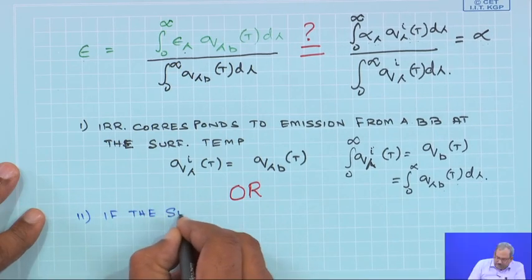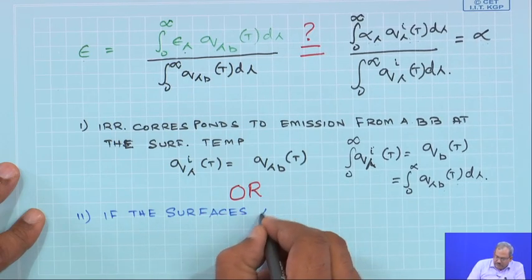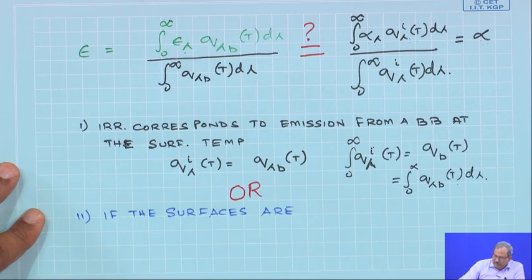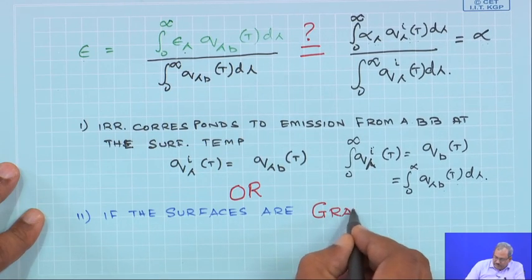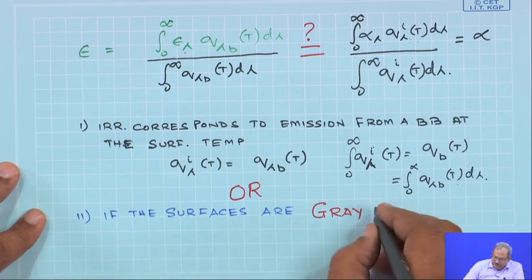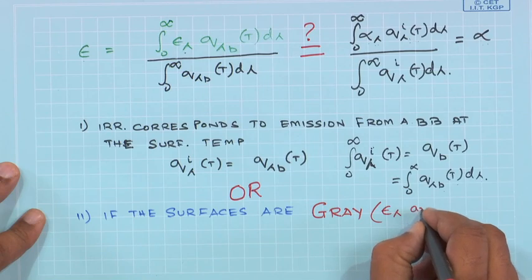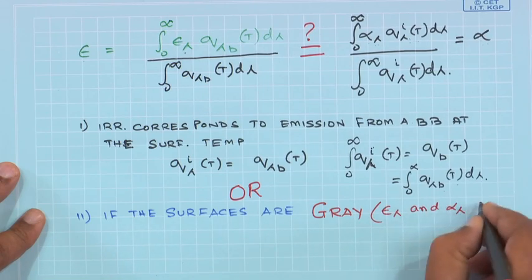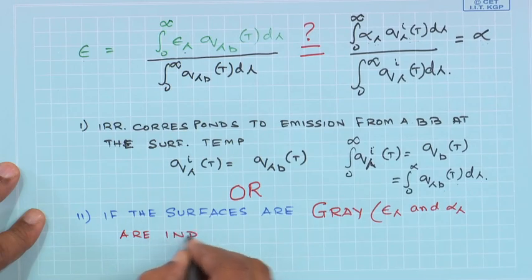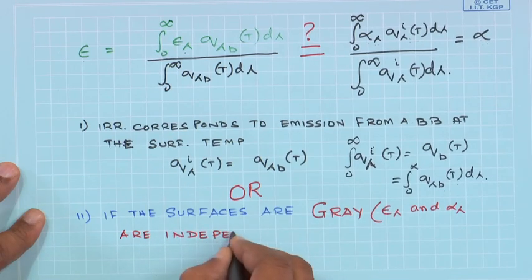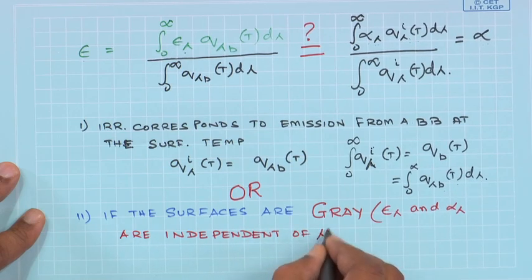Or, if the surfaces are gray. So, what is a gray surface? A gray surface is the one for which epsilon lambda and alpha lambda are independent of lambda.